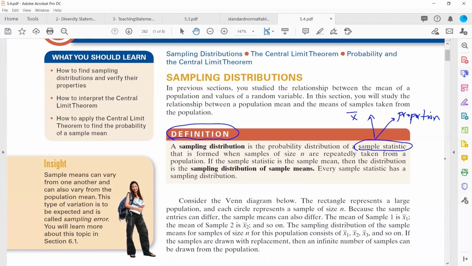If the sample statistic is the sample mean, then the distribution is the sampling distribution of sample means. Every sample statistic has a sampling distribution.